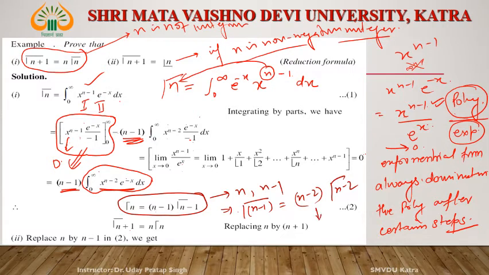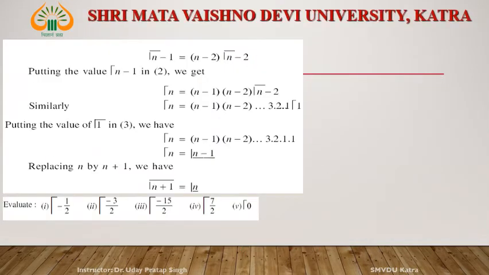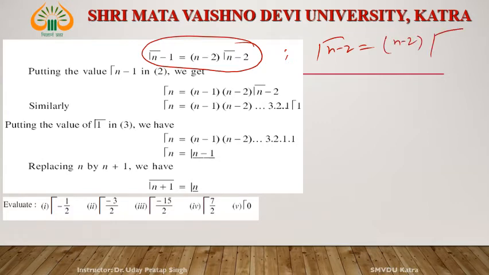Again replace n by n minus 2, and then this is equal to n minus 2, n minus 3 gamma of n minus 3, continuing in this way. Similarly gamma of n minus 3, and so on.